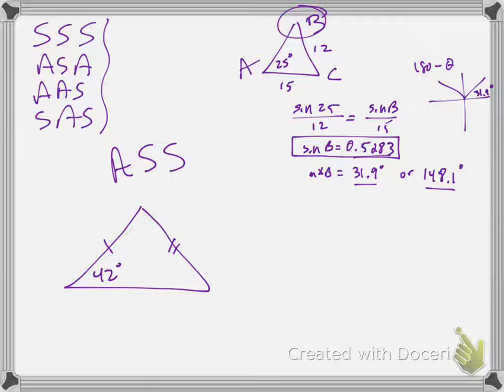But if I gave someone 2 sticks and told them they had to make that angle right there, and then turned around and gave someone else the same 2 stick lengths and told them that they had to make that angle 42 degrees, something interesting could possibly happen. There's actually 2 different ways that you can make a triangle like this.